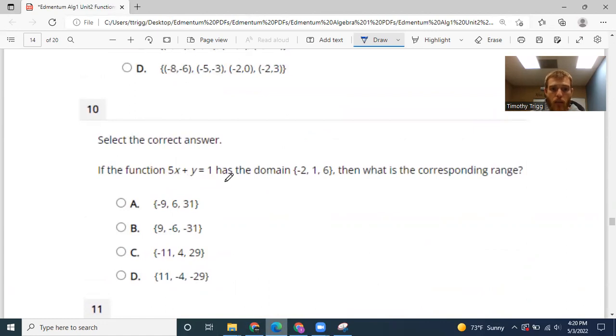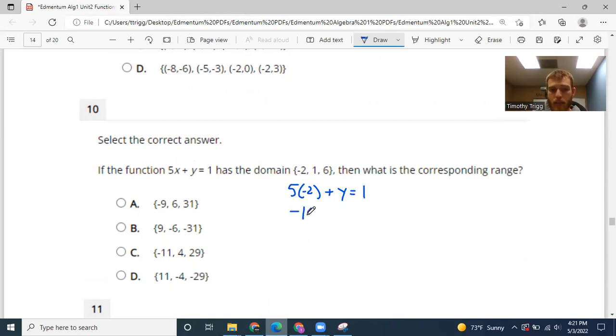5x plus y equals 1. The domain, these are your X inputs, your X values: -2, 1, and 6. What are the corresponding range? You would replace X with each of these values and solve for Y. So for this -2, you would replace the X with -2 and then figure out what the corresponding output, the corresponding Y, must be.